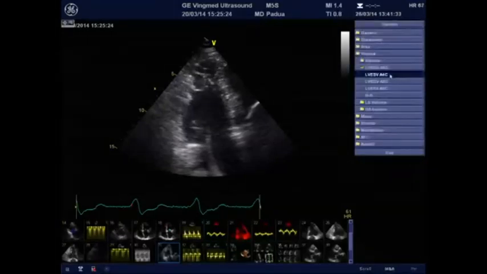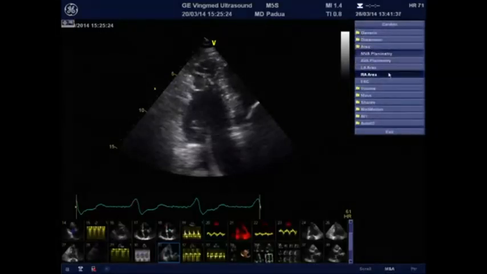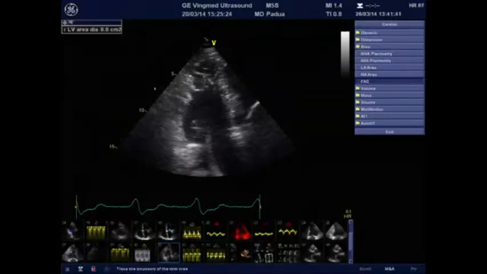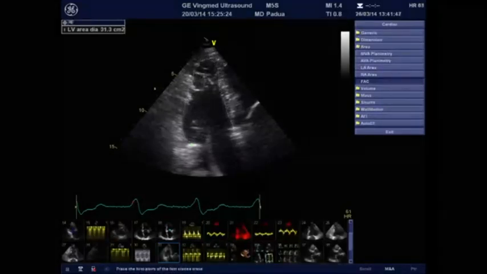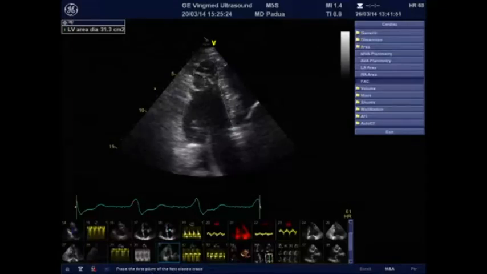Then you go on the area and make the planimetry of the area of the right ventricle, first at the largest, that should be the end diastolic frame, and then at the end systolic frame, in this way to get an index of right ventricular pump function.